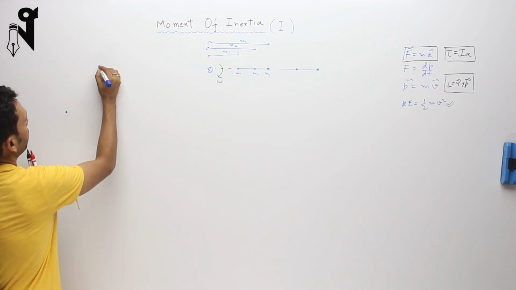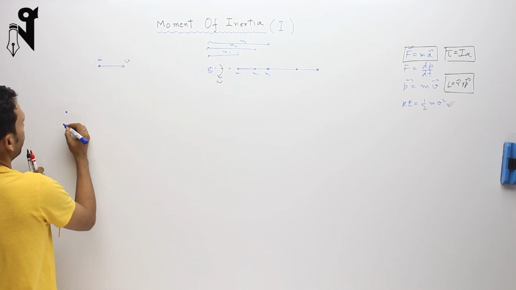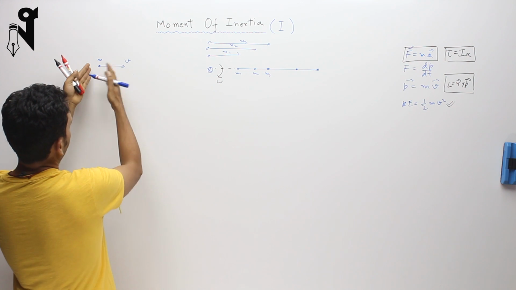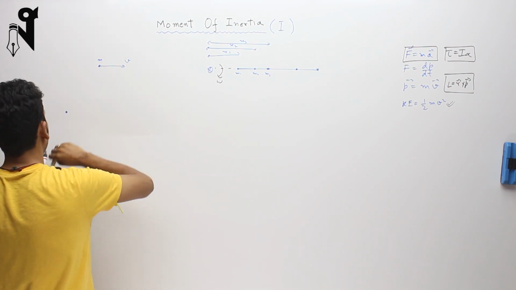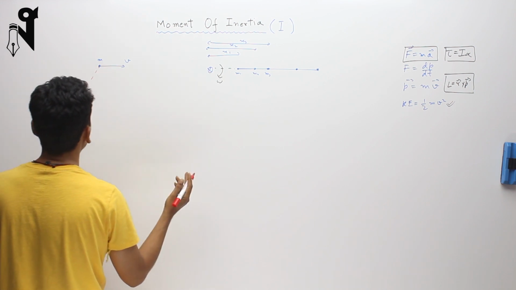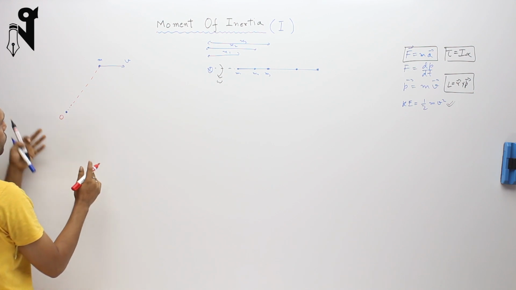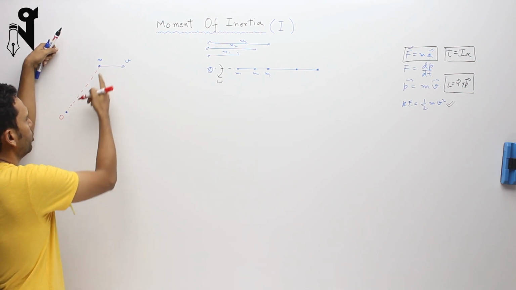Say you have a point mass m going with a velocity v forward, and I ask you what's the momentum. M into v is the momentum of the body. What's the angular momentum of the body? If I ask you that, then you'll say about which point. About this point O is what I'm asking. So you need to know the distance.